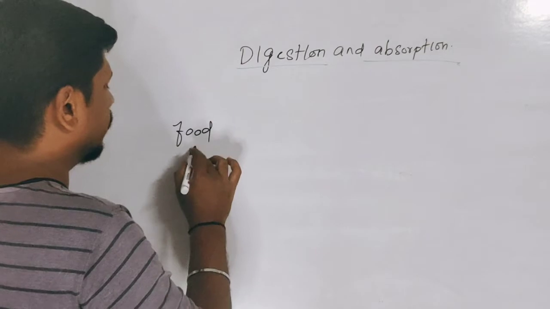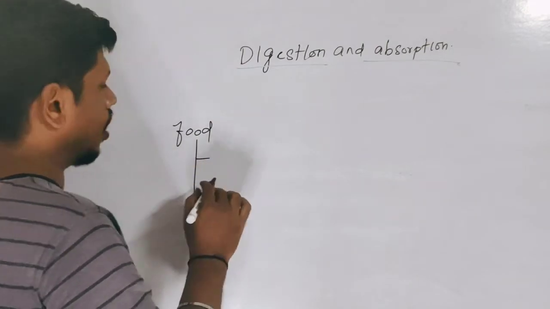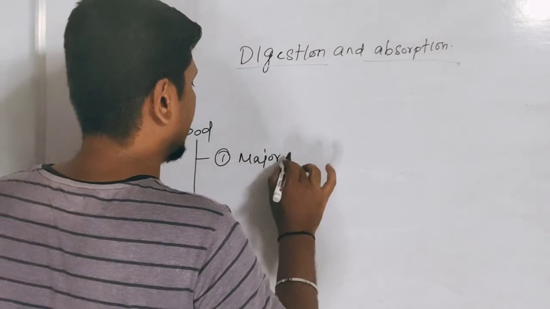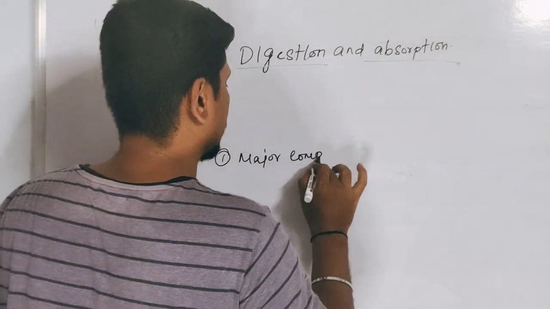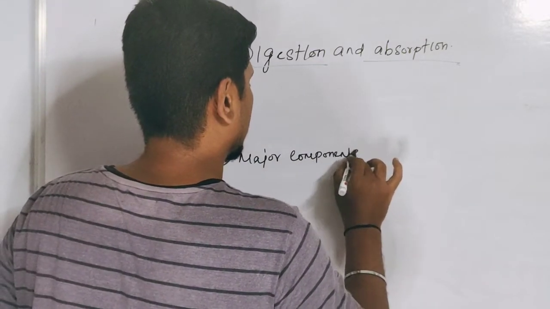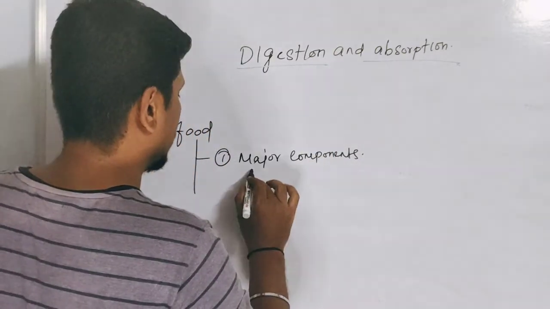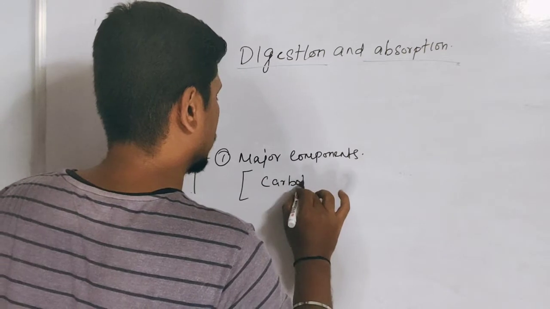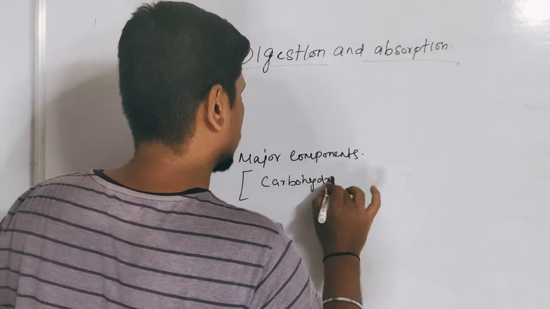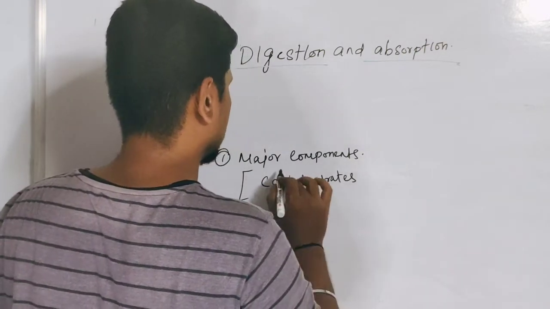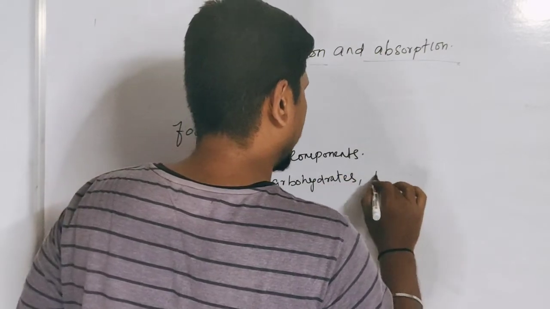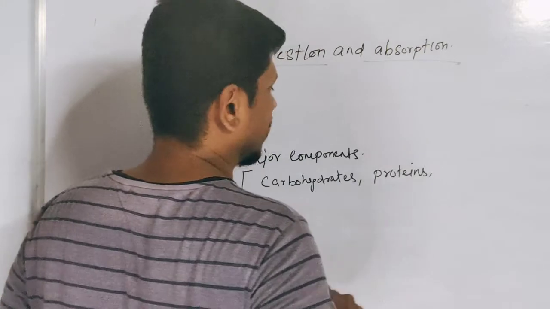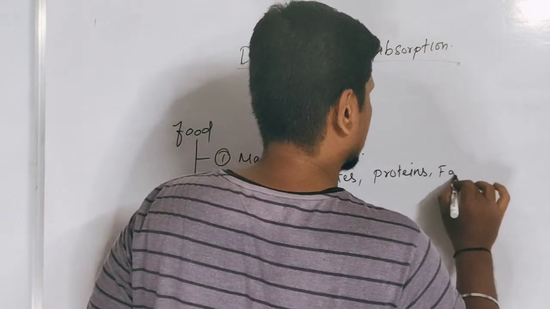See, this food contains two components. One is major components: you can consider carbohydrates, proteins, and another one is fats.